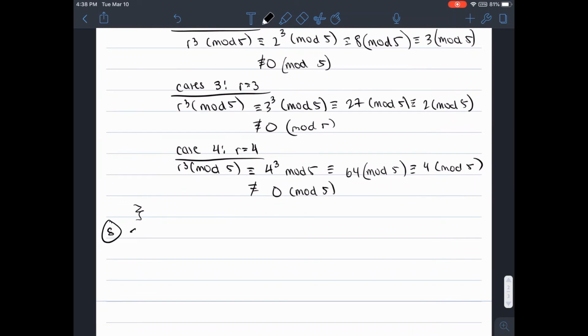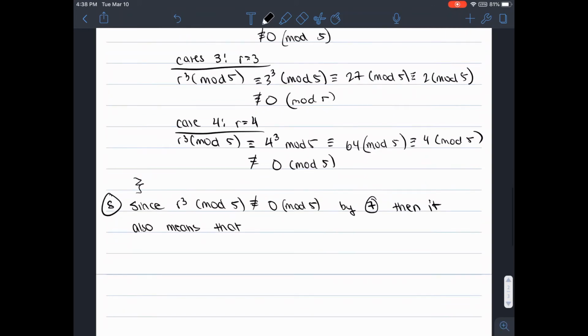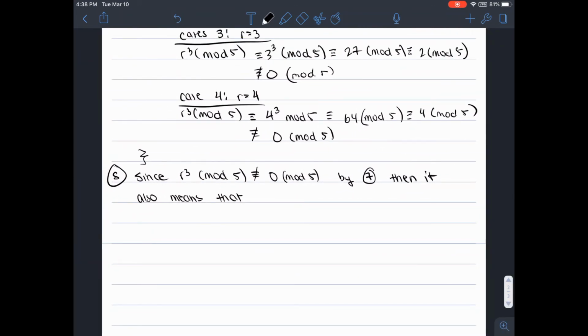Thus, since r cubed mod 5 has been shown to not be equivalent to 0 mod 5 by step 7, it also means that n cubed mod 5 is also not equivalent to 0 mod 5 by step 6.